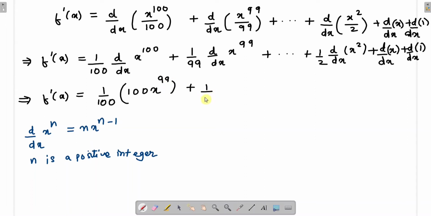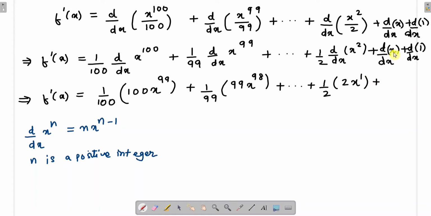plus now 1 by 99, here the derivative of x raised to 99, so same formula, that is 99 x raised to 99 minus 1, which is 98, and so on, plus half, n is 2 here, so 2 times x raised to 2 minus 1, which is 1, then plus the derivative of x.